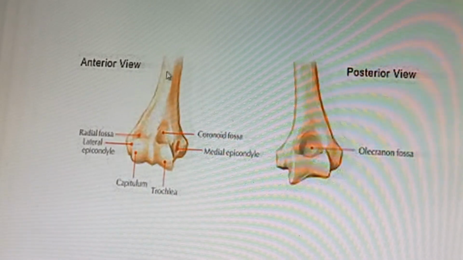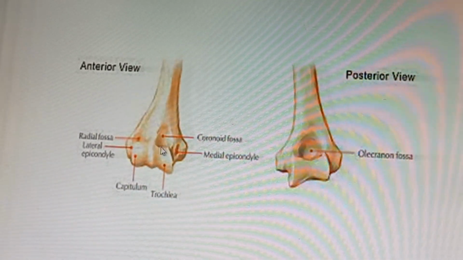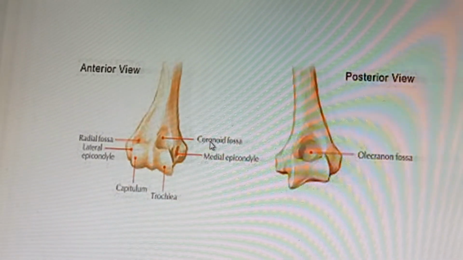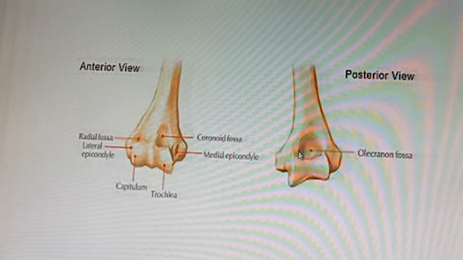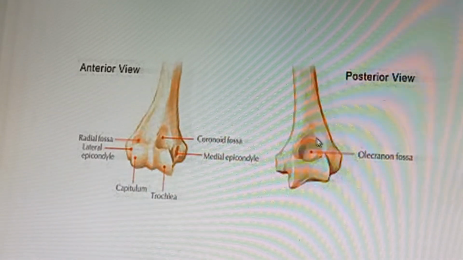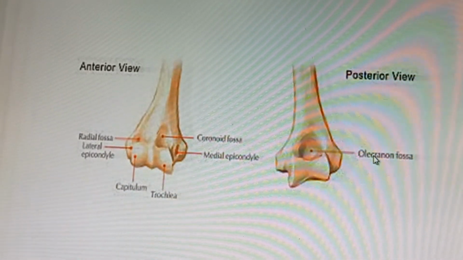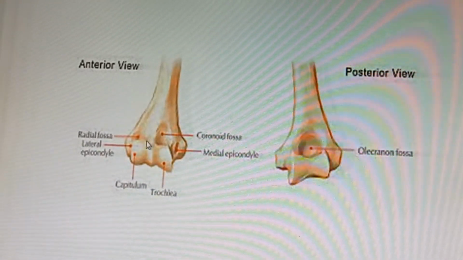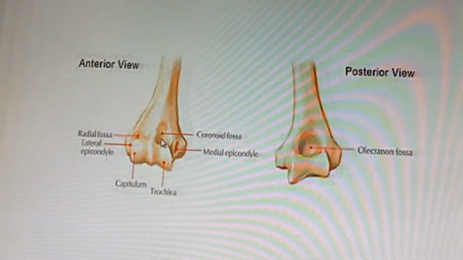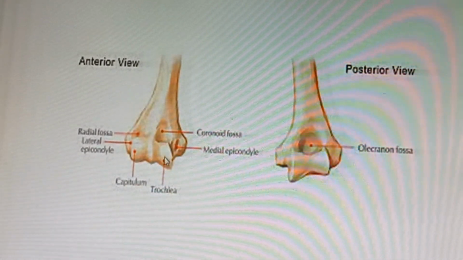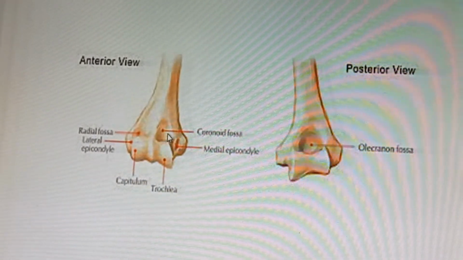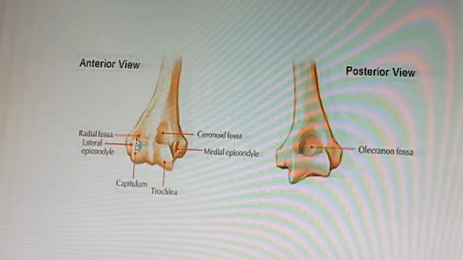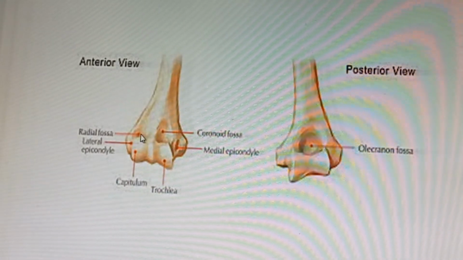In the anterior view, at the front of the distal end, the small cavity is known as the coronoid fossa. At the back, in the posterior view, the large triangular cavity is called the olecranon fossa. In the ulna, there is a coronoid process which fits in this coronoid fossa during flexion of the elbow. Now only one bone marking is left, that is the radial fossa.